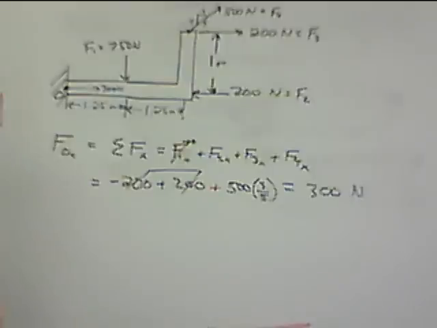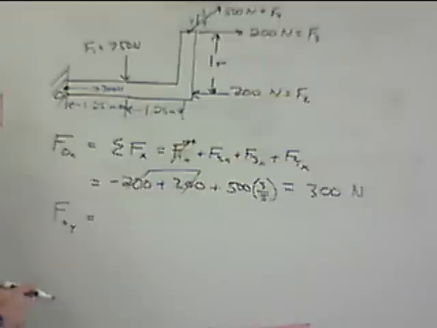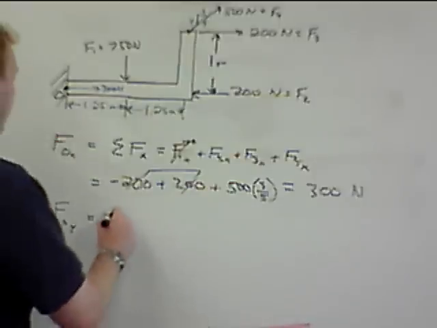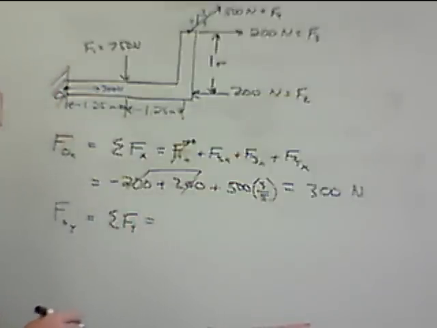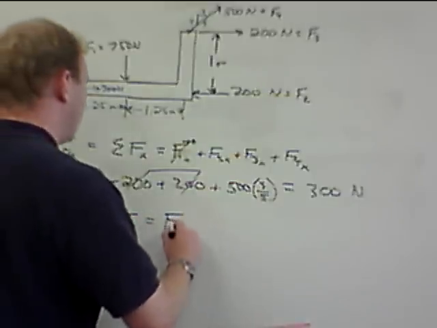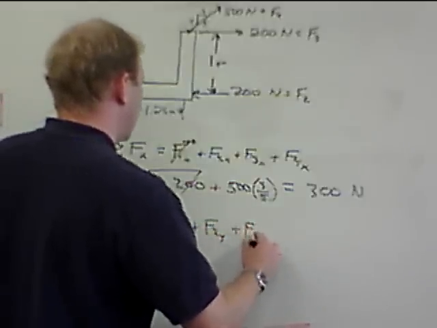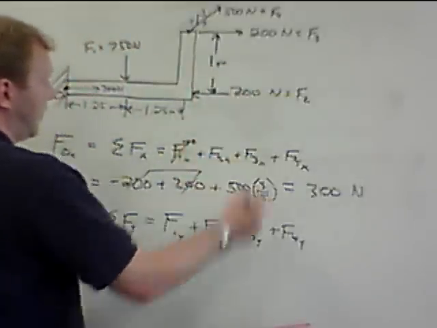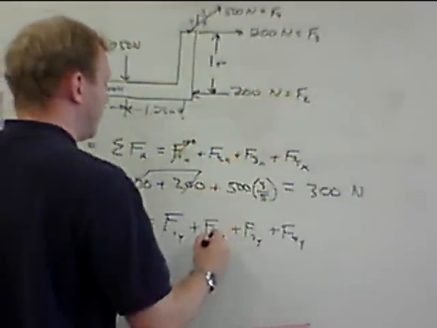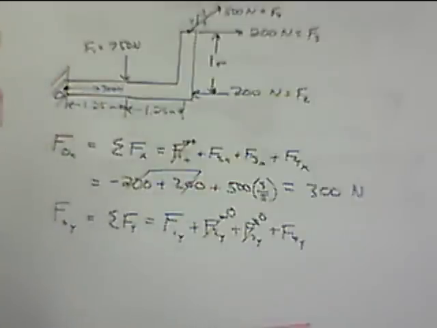Okay. We can look at the y. Force at O in the y is equal to, again, the summation of forces in the y for the rest of the system, which is F1y plus F2y plus F3y plus F4y. F2 and F3 are horizontal only, they have no vertical component. So those go to 0.